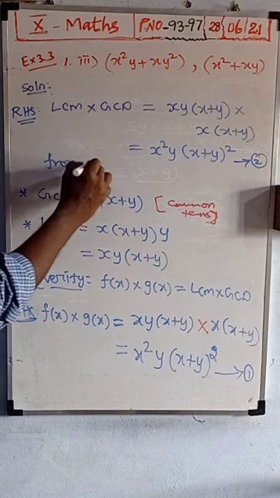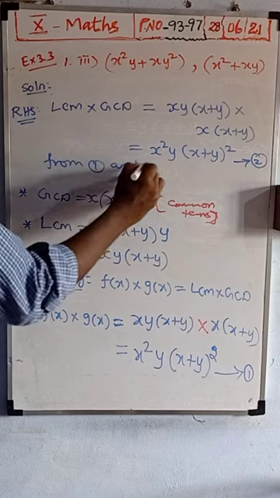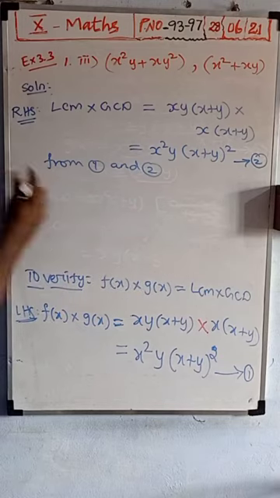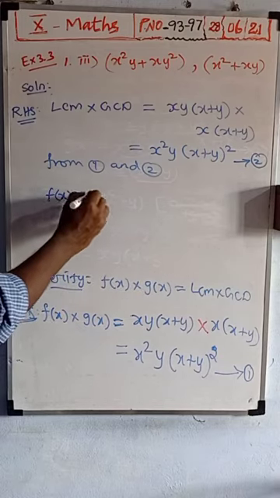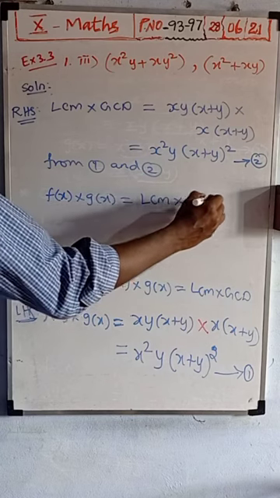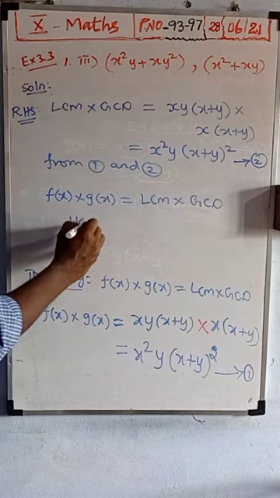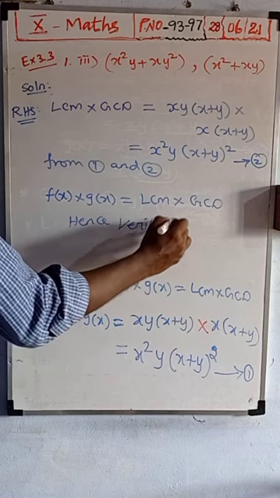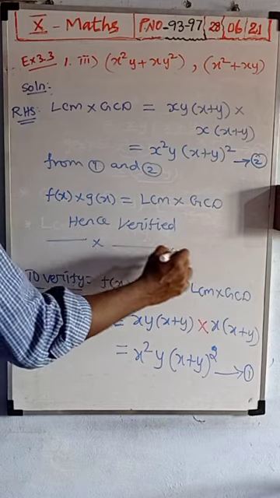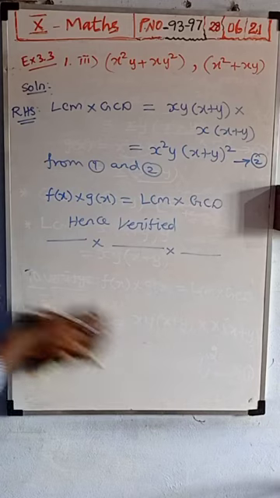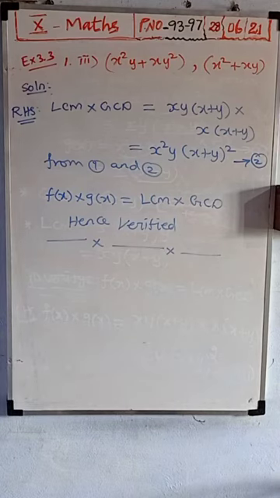Therefore from 1 and 2, both are equal. The product of the given expressions f of x into g of x is equal to the product of the LCM and GCD. Hence verified. It's easy, but you must find the factors correctly.